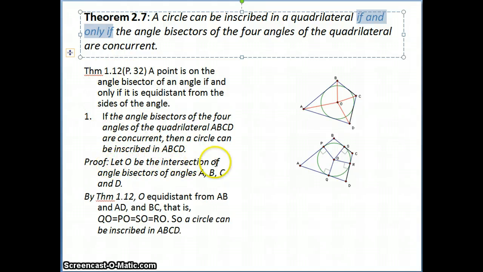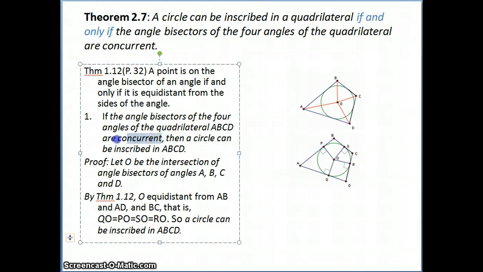Let O be the intersection of the angle bisectors. We already have four angle bisectors, and we know they are concurrent. So this is given, and we can take the four angle bisectors, and the intersection is O. By theorem 1.12, a point is on the angle bisector if and only if it is equidistant from the sides.